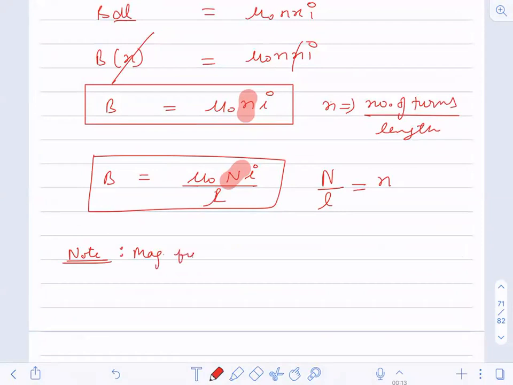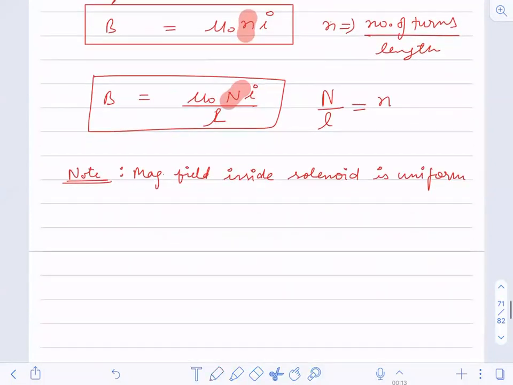Magnetic field inside the solenoid is uniform.